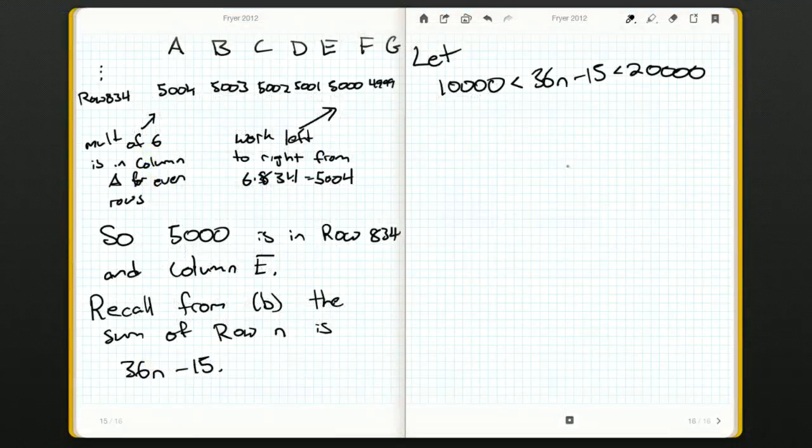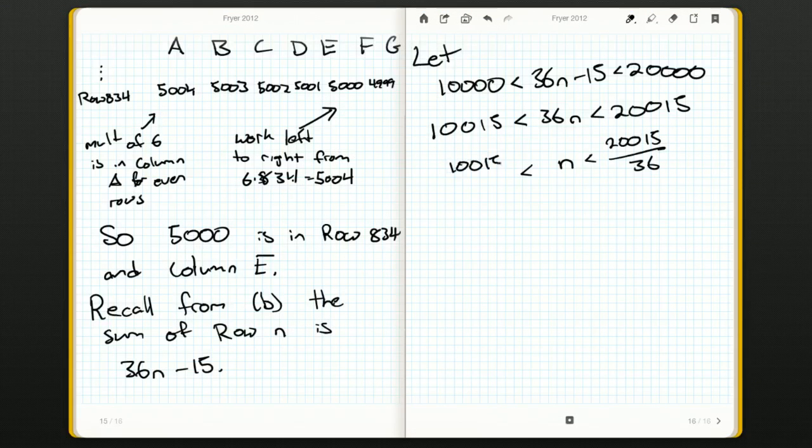Okay. So we can add 15 to all three of these and not change the relationship. And that means that n is going to lie between 2,015 over 36 and 10,015 over 36.